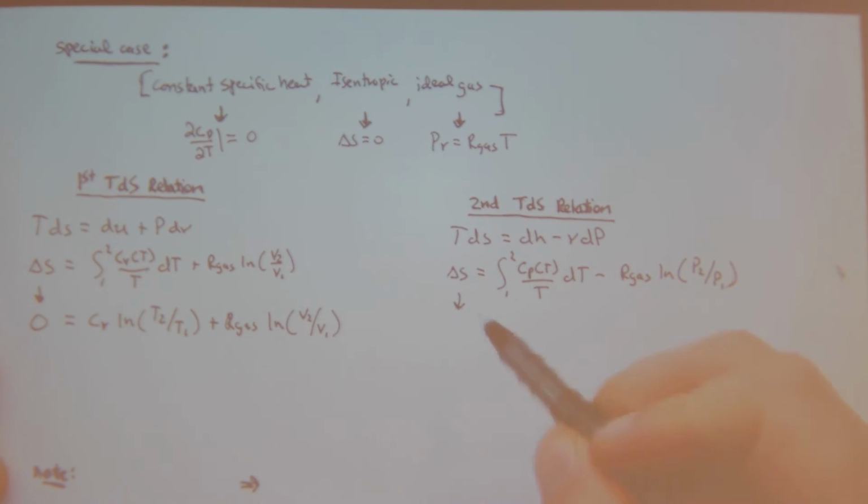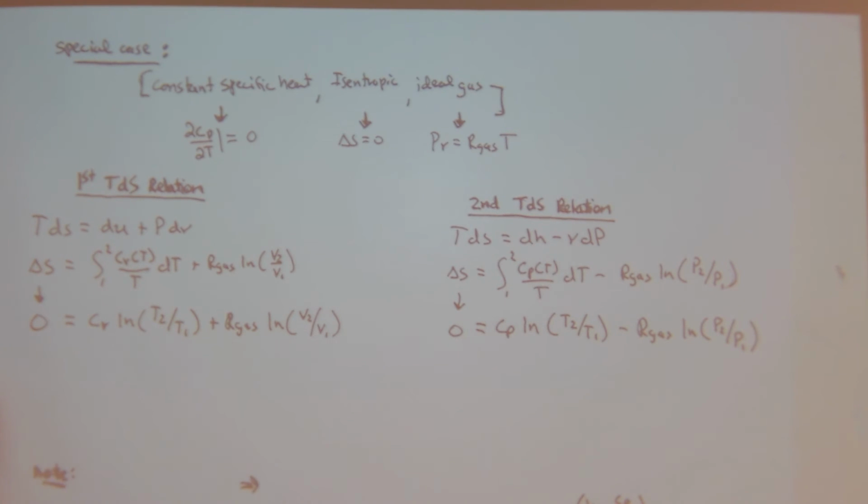Same idea: isentropic, delta S is equal to 0. Cp is a constant, comes outside the integral. Cp natural log T2 over T1 minus R gas natural log P2 over P1.